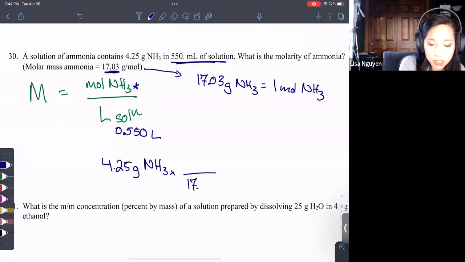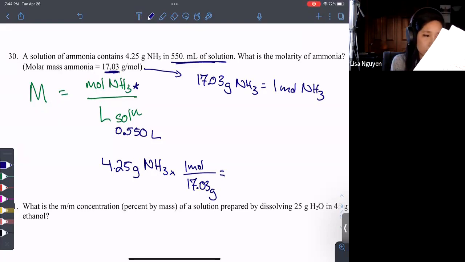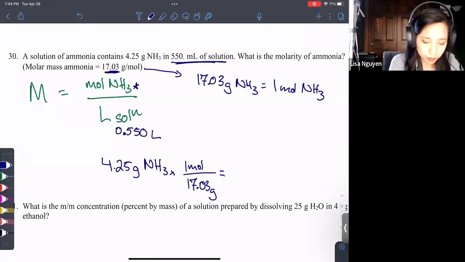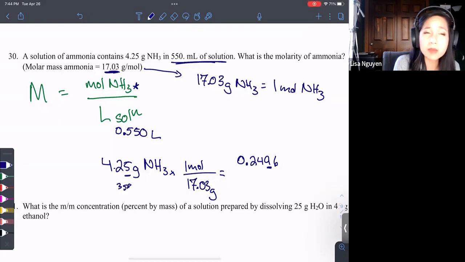So I'm putting 17.03 on the bottom and 1 mole up top, and that will give me my numerator number. So if you calculate that, you get a small number, 0.02496. This would round to 3 sig figs because this has 3 sig figs, but I'm not done.